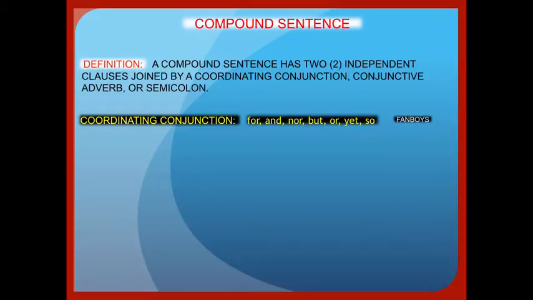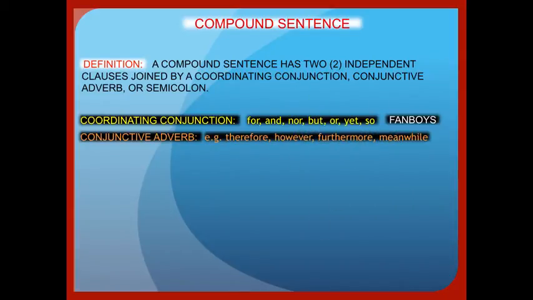They are also called fanboys. Conjunctive adverbs are used in more formal writing to join sentences. Examples of conjunctive adverbs are therefore, however, furthermore, and meanwhile. A more complete list of conjunctive adverbs is in your textbook or on the internet.